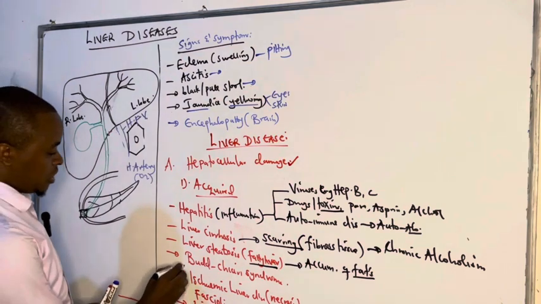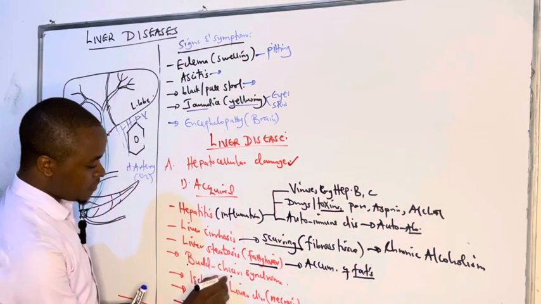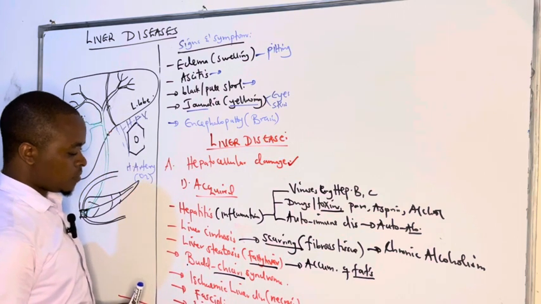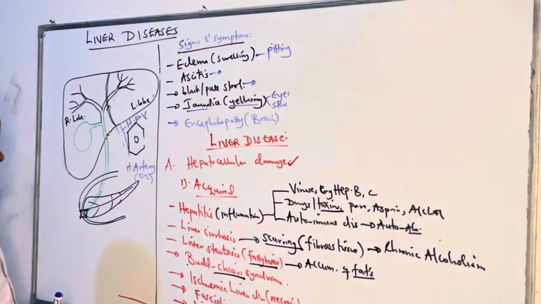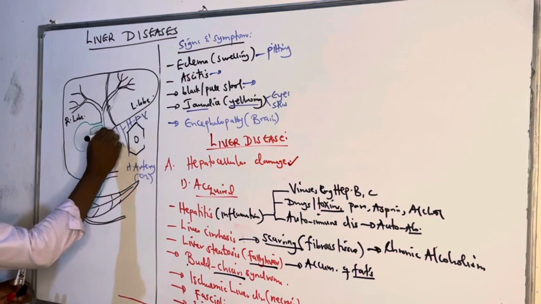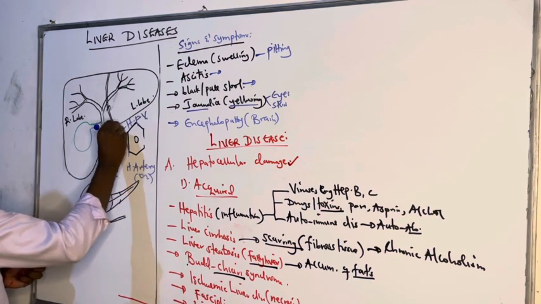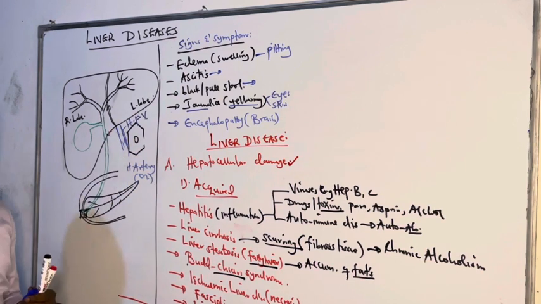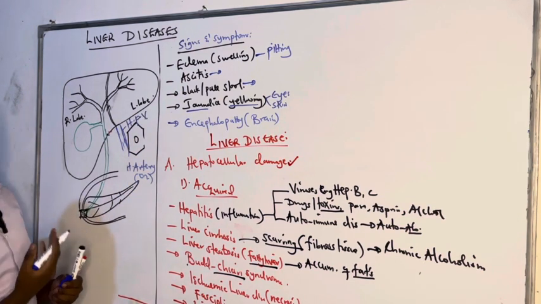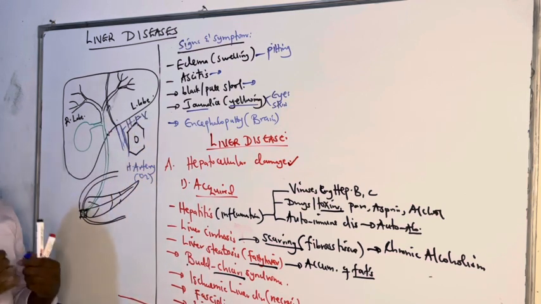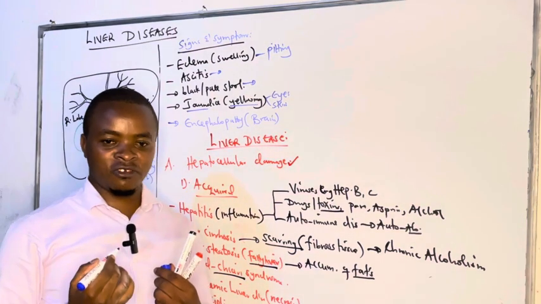Then another condition under acquired causes is Biliary syndrome. This syndrome is caused by the following: the liver is supplied by the hepatic portal vein. From the ileum, after food is absorbed, it is transported via the hepatic portal vein to the liver, so that the liver cells can get nutrients.